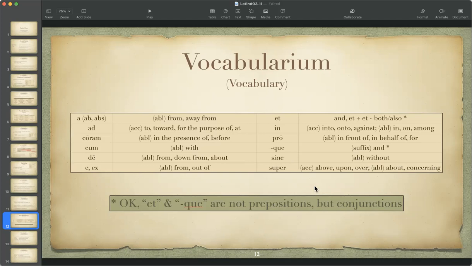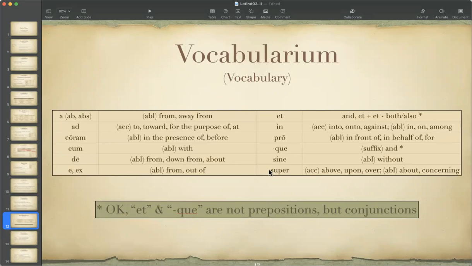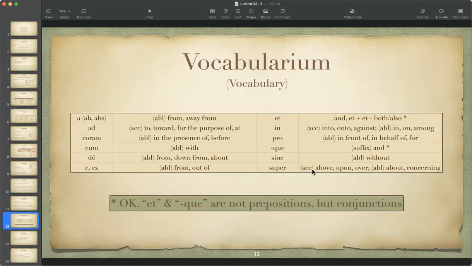And then super, which takes the accusative, means above, upon, or over. So if you were in space, you would be super terram, above the earth.